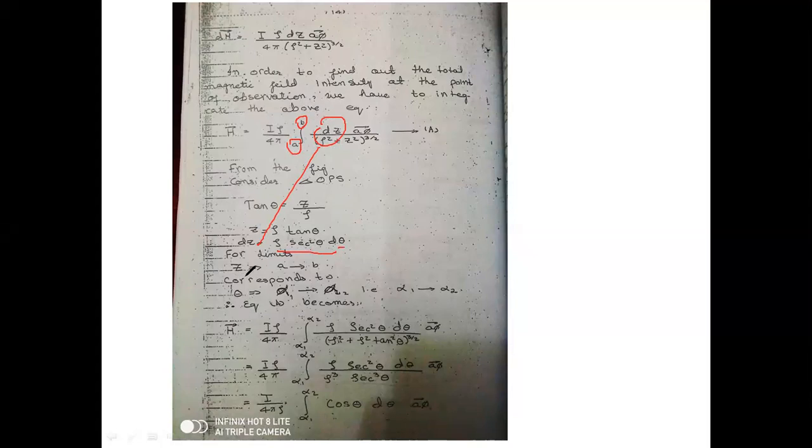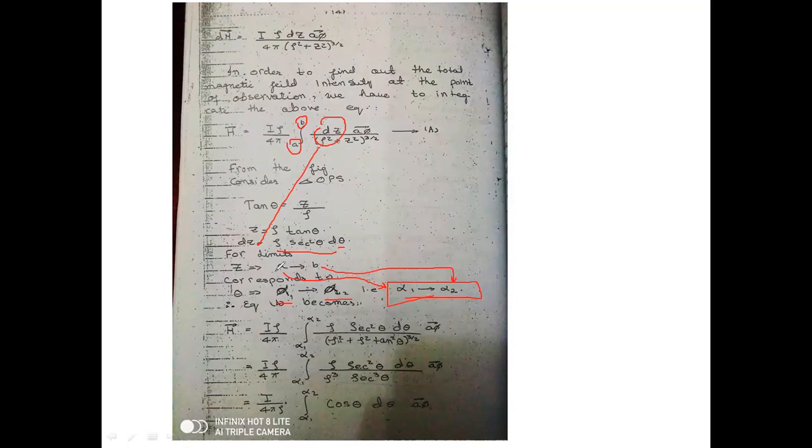So z extending from a to b corresponds to theta extending from alpha 1 to alpha 2, because alpha 1 is the angle between the lower end of the conductor and the perpendicular line, and alpha 2 is the angle between the line drawn from the upper end of the conductor and the perpendicular line, as I have shown you in the figure.